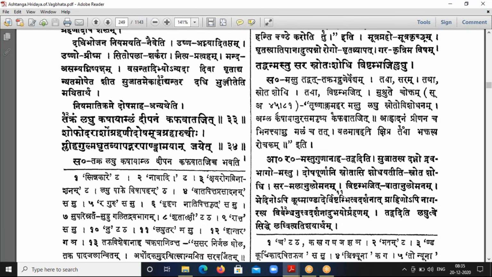But we can find dadhi used very liberally in Aushadha Kalpanas, especially in Krita Kalpana, which I already explained. And sometimes you can find it as a vehicle for the consumption of churnam and everything. Mastu, that dadhi mandam also can be seen used as a vehicle, especially in Koshtashrita Vyadhis.